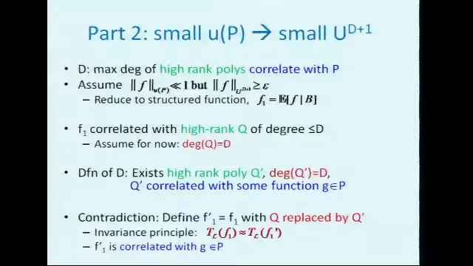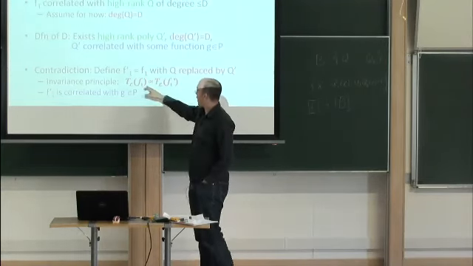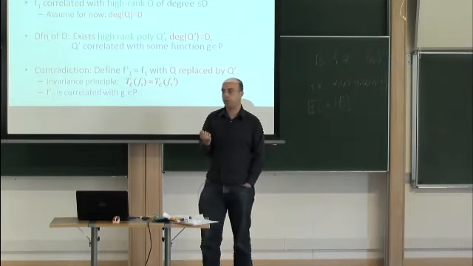The way we do it is we define another function, f1 prime, which essentially looks at f1, takes its structure, replaces q by q prime, and replaces all the other polynomials by some random looking polynomials. On the one hand, these local averages cannot distinguish f1 from f1 prime, because we kept the degrees the same and we kept everything high rank. So if f1 had no correlation with the property, f1 prime also should have no correlation with the property.